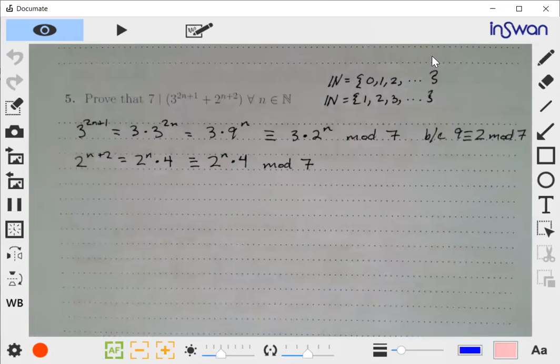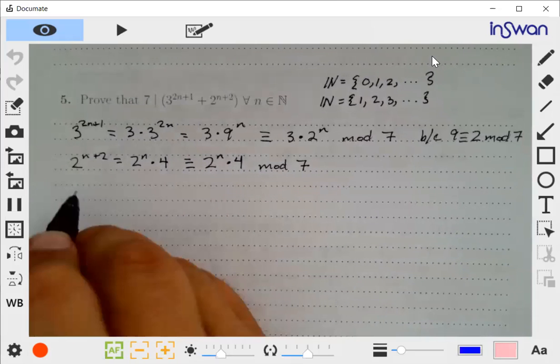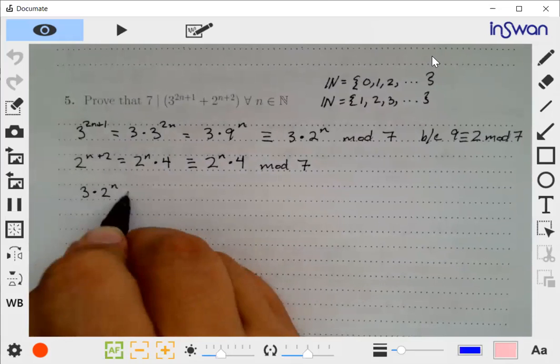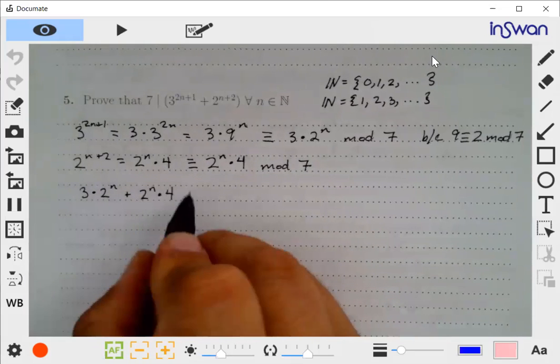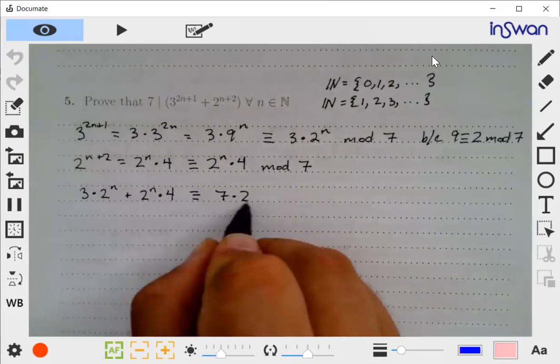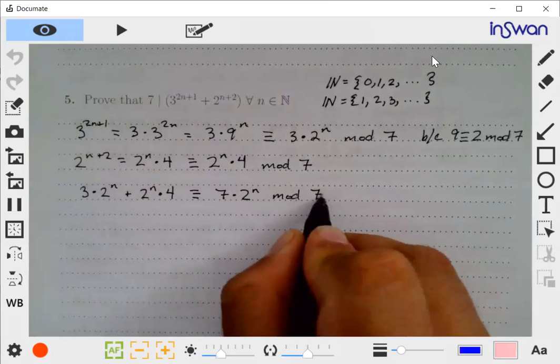Can you see what's going to happen now? Well, if I have 3 times 2^n plus 2^n times 4, that's going to be congruent to 7 times 2^n modulo 7.